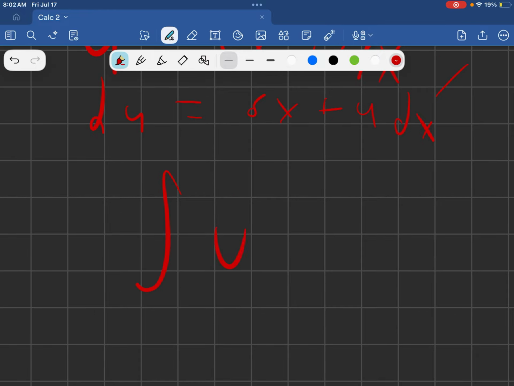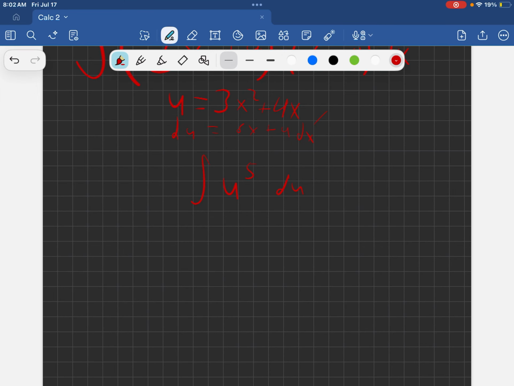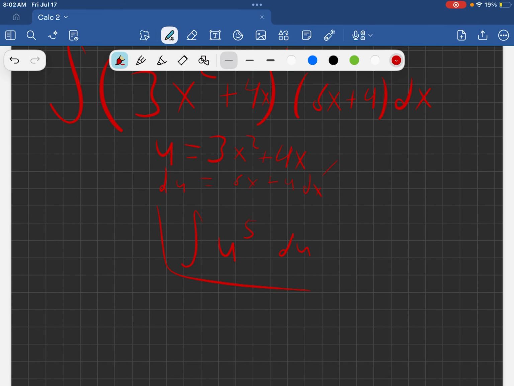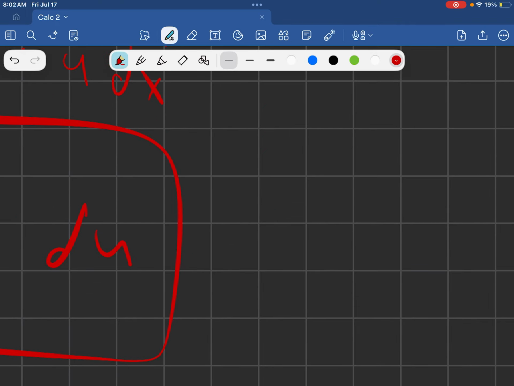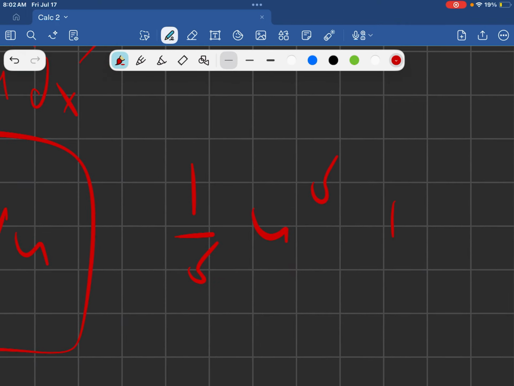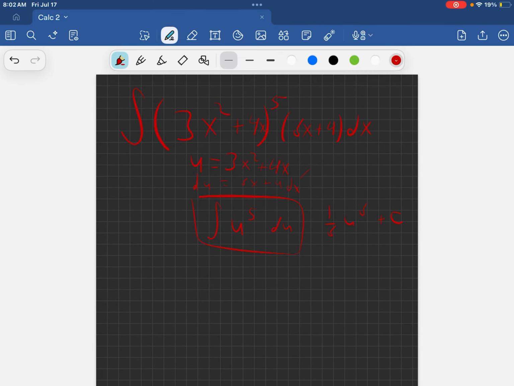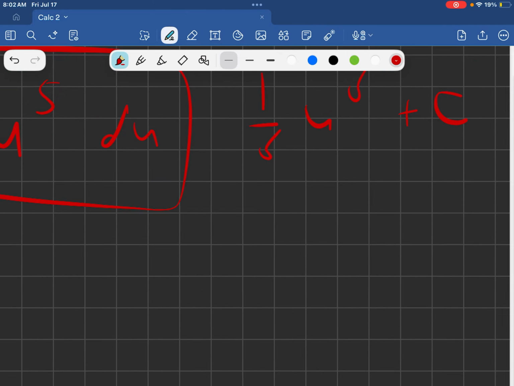You end up getting u to the 5th du, and this is where you're in the u space. You're taking the integral of everything in terms of u, so 1/6 u to the 6th plus c, don't forget that, indefinite integral. And you plug u back in at the end.